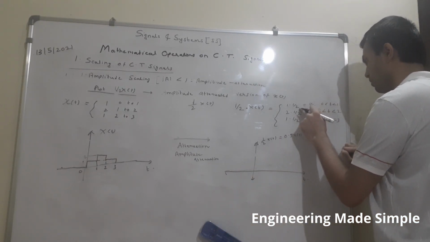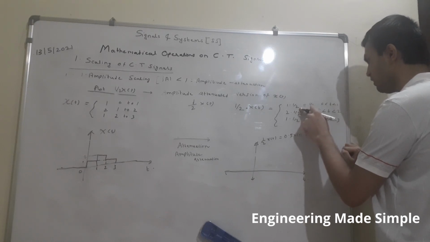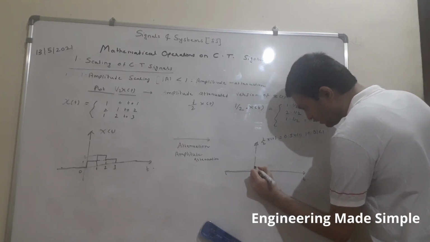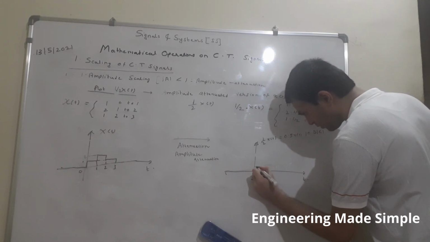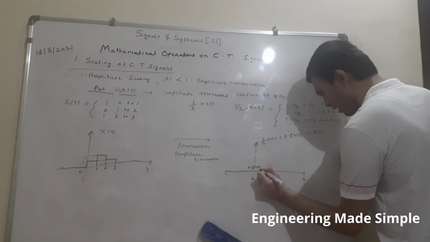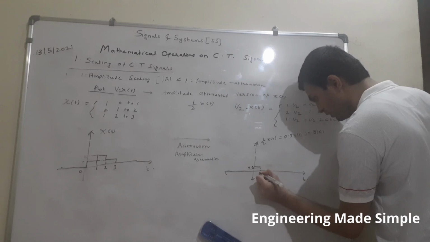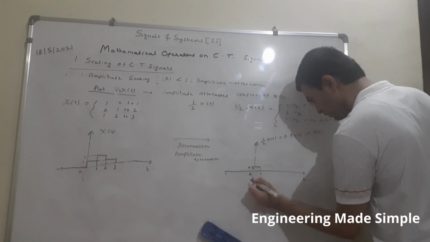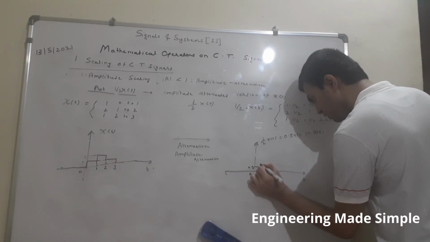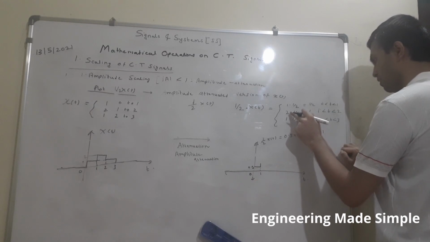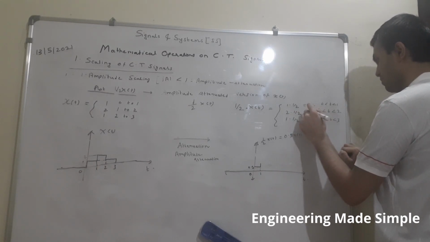Now what is the value in between? The amplitude of the signal in between time intervals 0 and 1 is 0.5. So let us show 0.5 over here. Let's assume this is 0.5 or half for time intervals 0 to 1. Then again for time intervals 1 to 2, its value is nothing but 2 into 1 by 2, meaning the final answer would be 1.